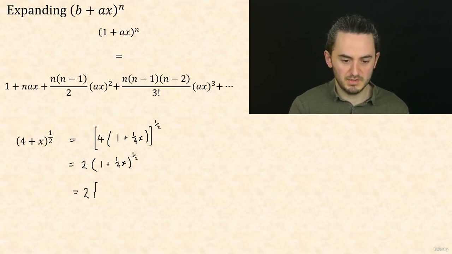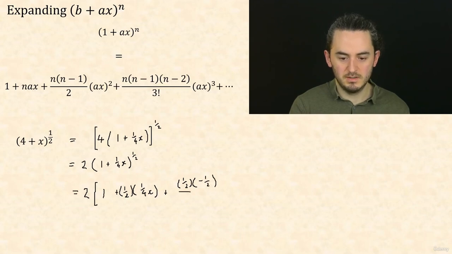So what do we get? We get 2 bracket, and now I'm just going to apply my binomial expansion formula to this bracket. So it's 1 plus nax, so that's plus n half, times ax, so a quarter x, plus n, n minus 1 divided by 2 multiplied by ax squared, and so on.